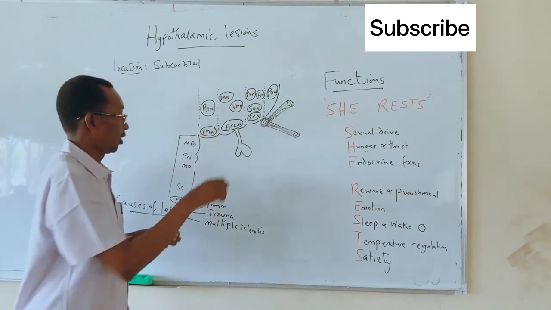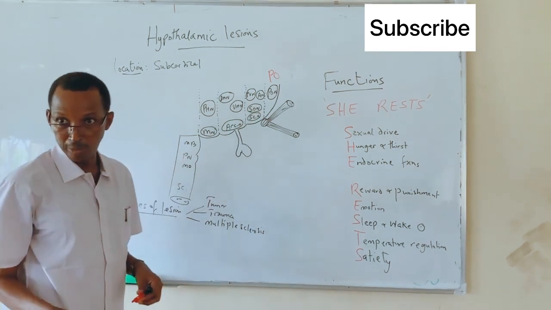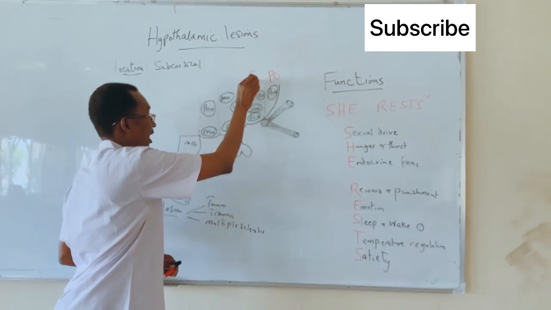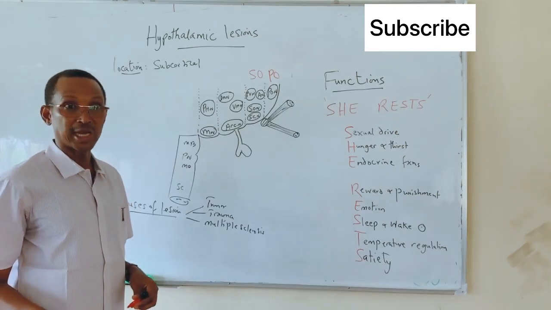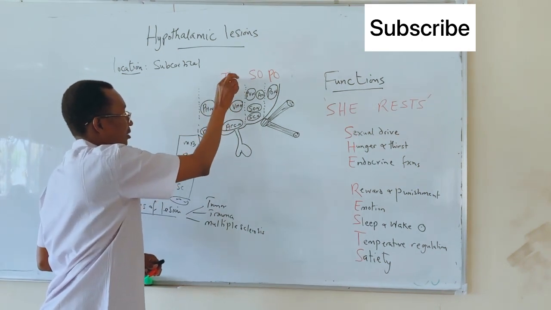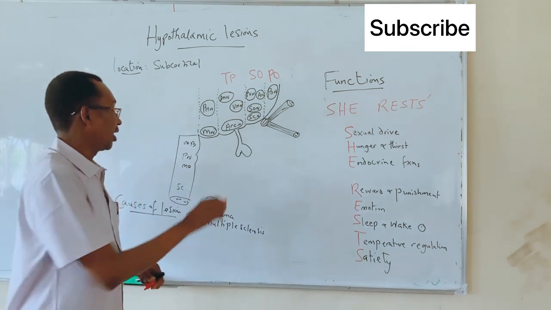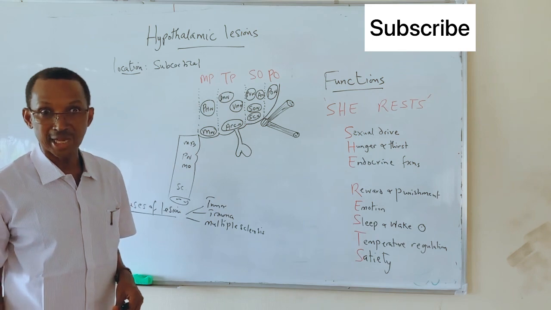There is what we call the pre-optic portion of the medial sheet of the hypothalamus. We have the supra-optic part, the tuberal part, and then the mammillary part of the hypothalamus.